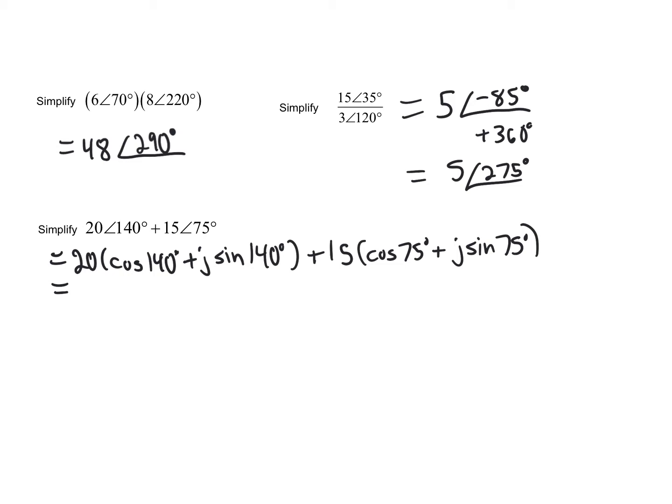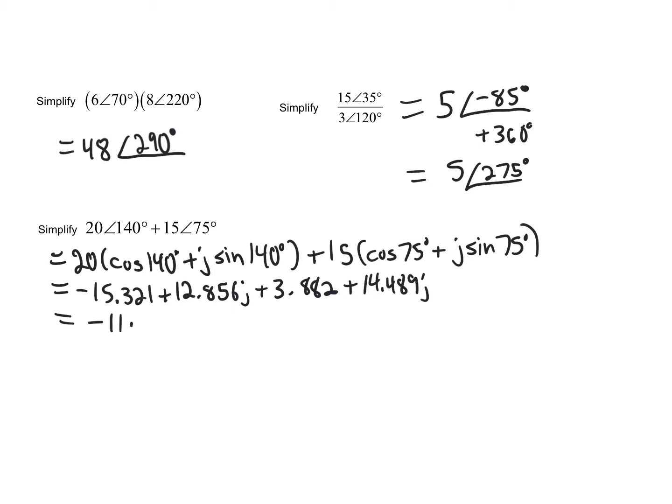Multiply these out and add them up. So this is the answer in rectangular form. We just need to put it back into polar form.